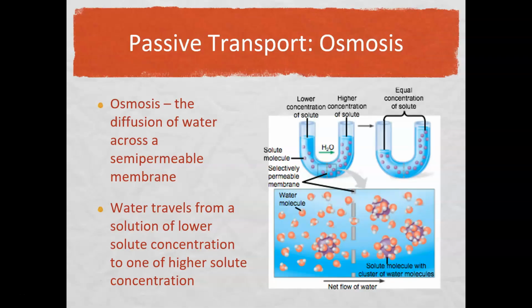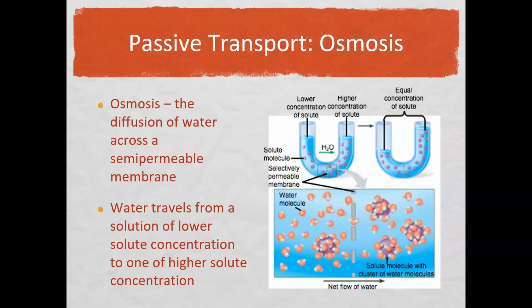And a lot of times those solute molecules are kind of big and clunky, and so they don't really easily pass through the membrane themselves. So in order for your cells to get to a state of equilibrium, they can't move those sugar molecules, for example, across the membrane, so they'll move the water instead. So the water is still going to travel from where there's lots and lots of water to where there's not so much water.